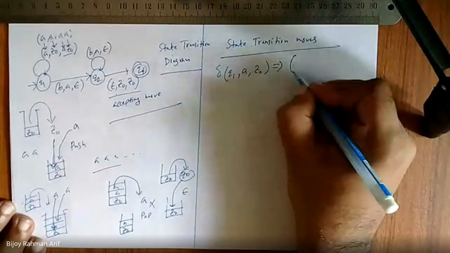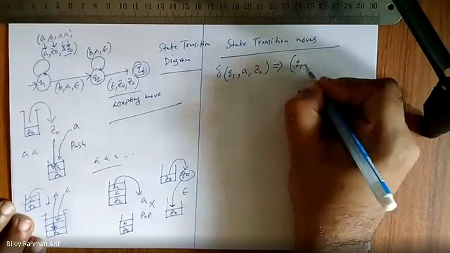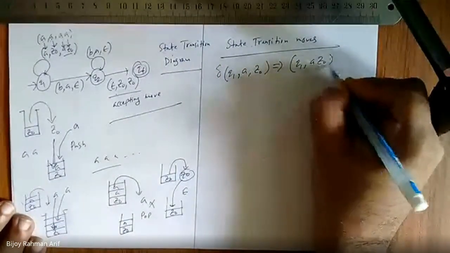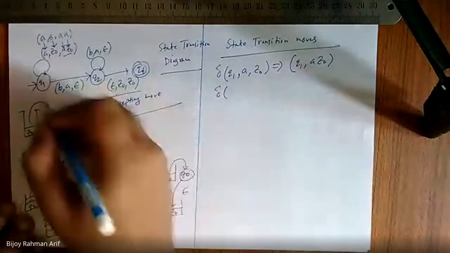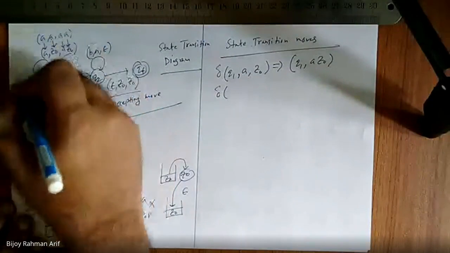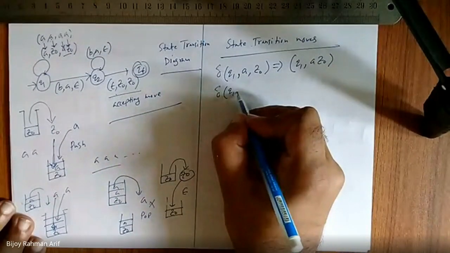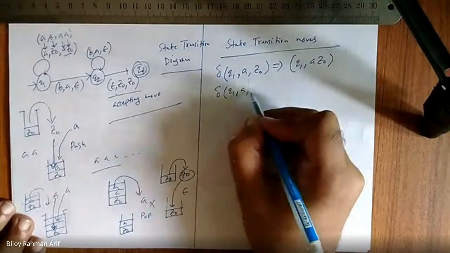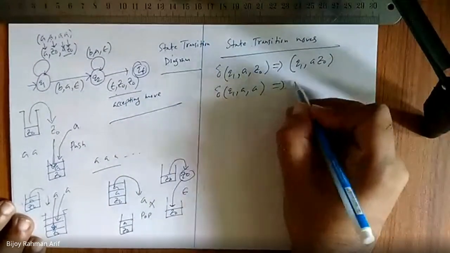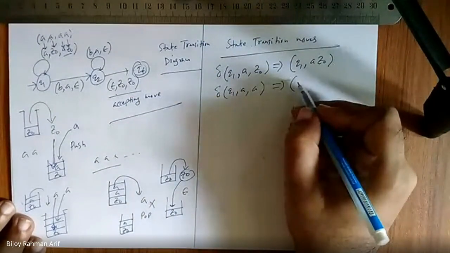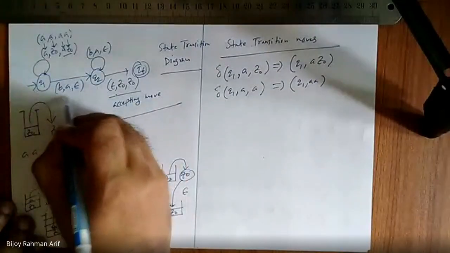We are going to remain in Q1 and we are pushing A Z naught. So we are defining each of these movements. Delta of Q1, input is A and top of the stack is A. Then what would be the output? Q1 AA.